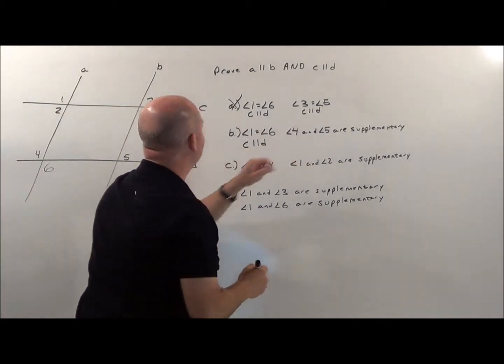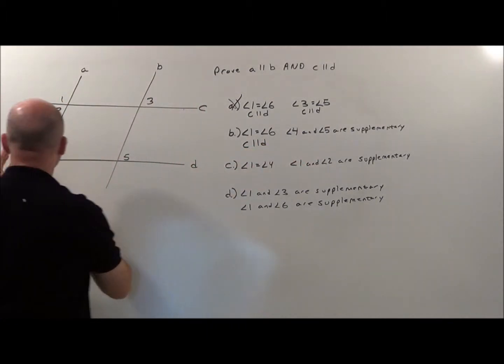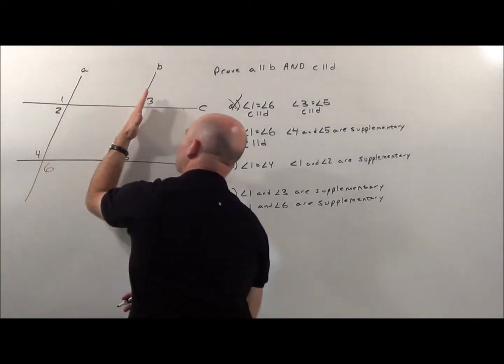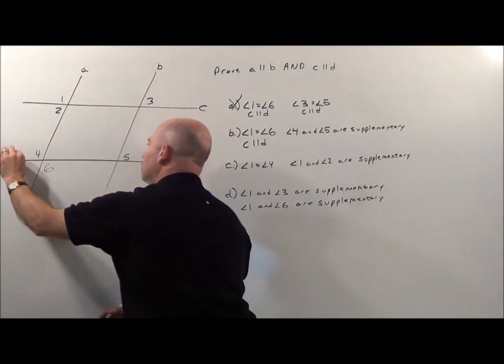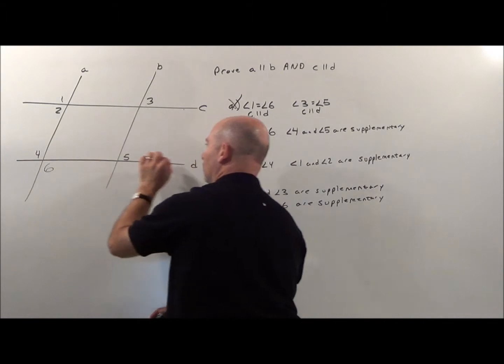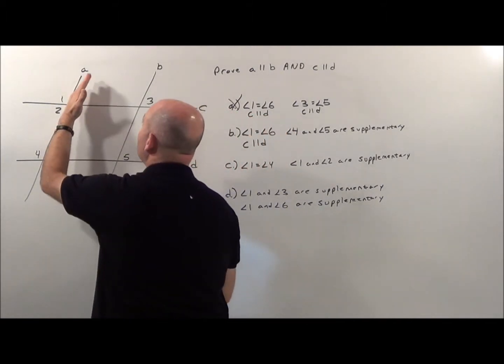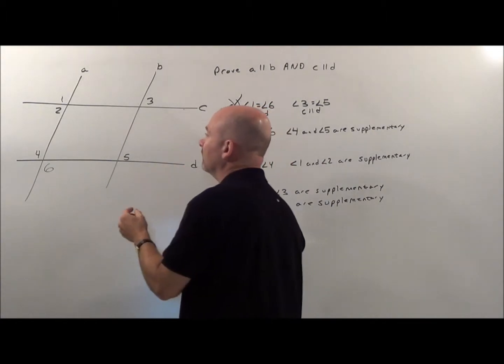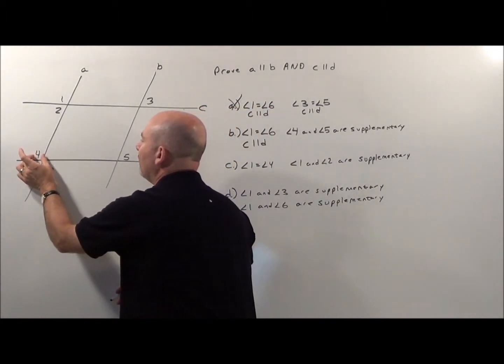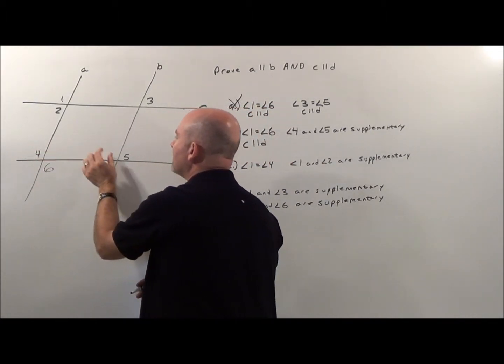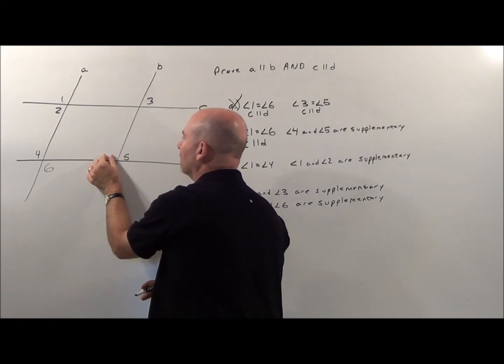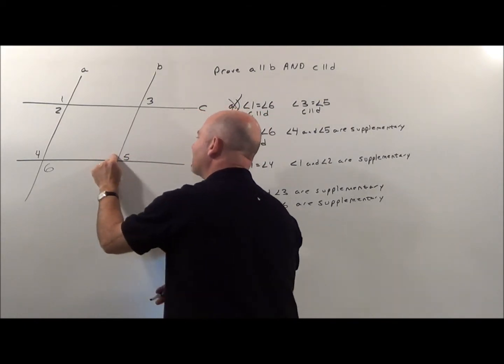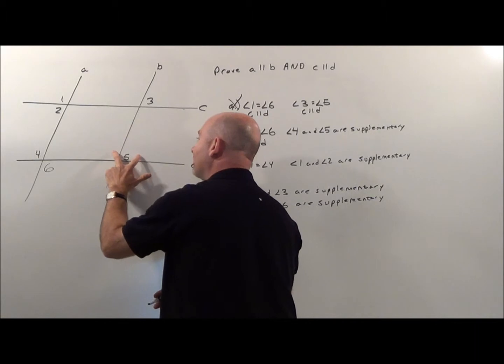Now it says 4 and 5 are supplementary. Now this is making a comparison from this line to this line, using this as a transversal. That would maybe help me prove something about A and B. Well, let's see if that does prove they're parallel. I know 4 would be the same as this angle right here. But if 4 is right there, that and that do have to be supplementary.